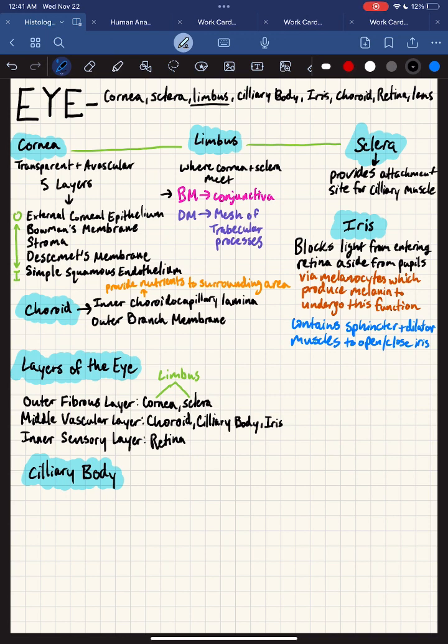So it's going to be made up of the ciliary muscles, the ciliary process, and the ciliary zonule. I'm going to move these down a little bit, actually.